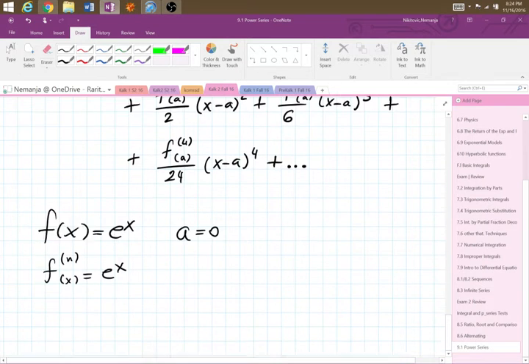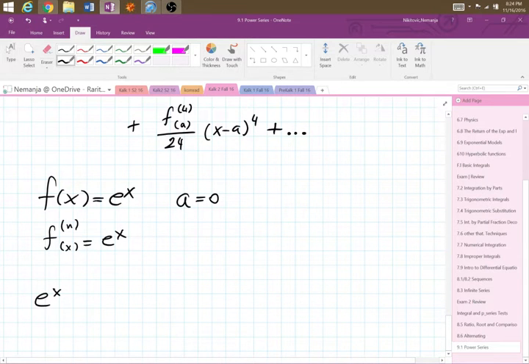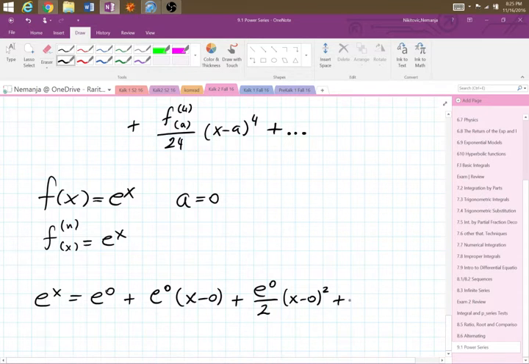And then as I start plugging this in, e to the x is going to be the function computed at 0, so that's e to the 0, plus the first derivative computed at 0 over 1, so just e to the 0, times x minus 0 to the first power. Second derivative computed at 0 divided by 2, x minus 0 squared. Third derivative computed at 0 over 6, going on forever.